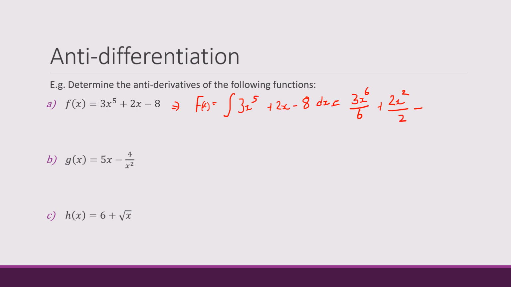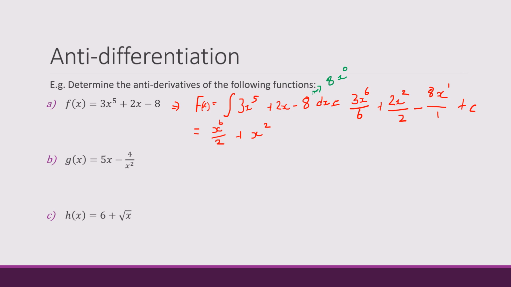Now for the 8, there's no x's on it, or in fact you could say that it's 8x to the 0. So when we add 1 to the power, it will become 8x to the 1 divided by 1 plus c. And when we simplify, 3 over 6 is just half, so that'll be x to the 6 over 2, plus 2 over 2, those just cancel to x squared.